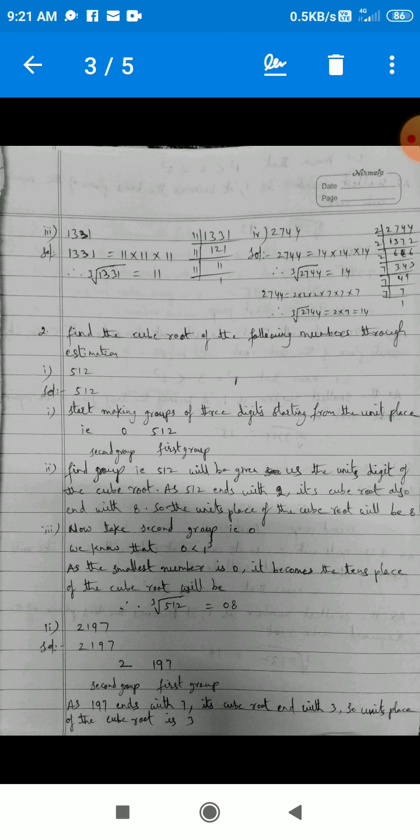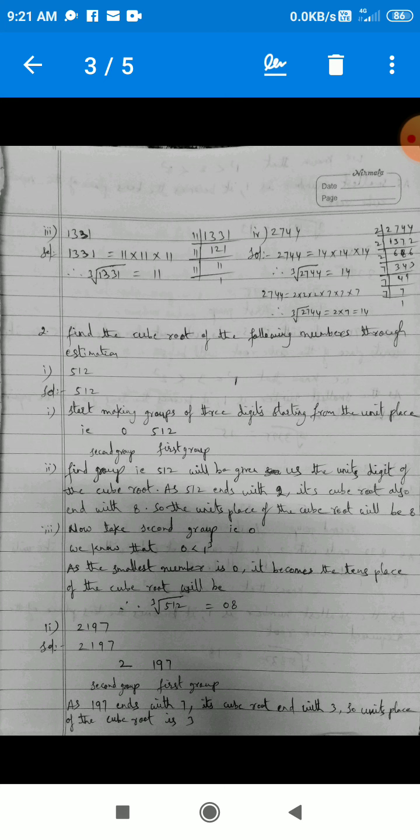So the units place of the cube root will be 8. Third, now take the second group, that is 0. We know that 0 is less than 1 cube, as the smallest number is 0, so it becomes the tens place of the cube root. Therefore, cube root of 512 is equal to 8.